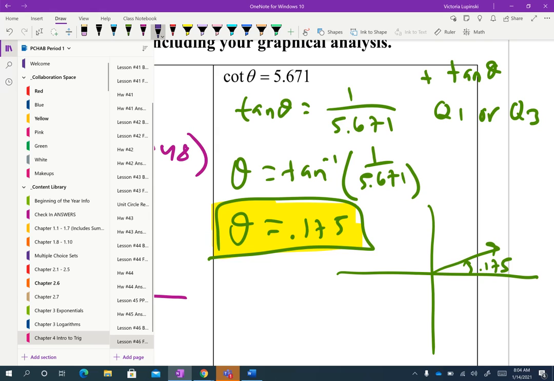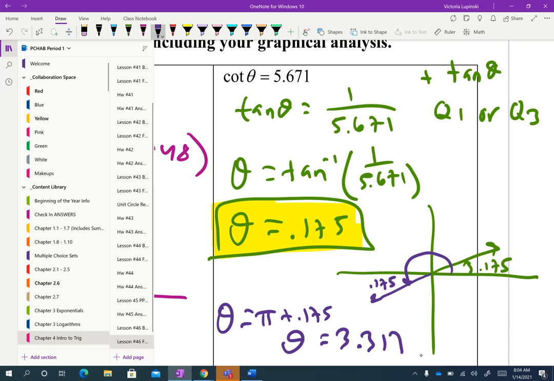So to find the answer in quadrant 3, remember, if I go to quadrant 3, I have to have the same reference angle. So to find the answer, I'm going to take pi and I'm going to add 0.175. And if I do that, I'm going to get 3.317 radians, and that is going to be my second answer.